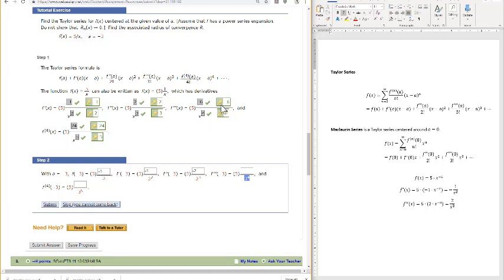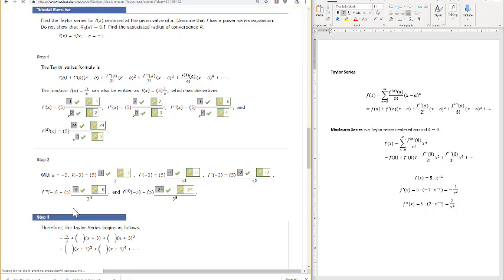And then we have a 6 over there, but we have a negative 6 up on top. So that's going to give us a negative 6. And this is going to be negative 3 to the fifth power, which will give us a negative number. And then the numerator is 24, so this is going to give us a negative 24.